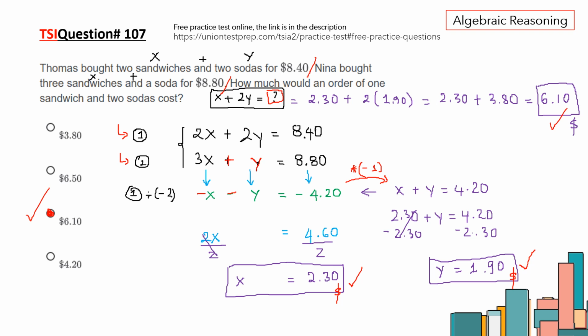We do it like that so you can solve for it. Otherwise, you can just plug in x equals 2.30 right there and then work with the negative numbers. But I don't want to work with the negative numbers, so I multiply by -1 and then continue.